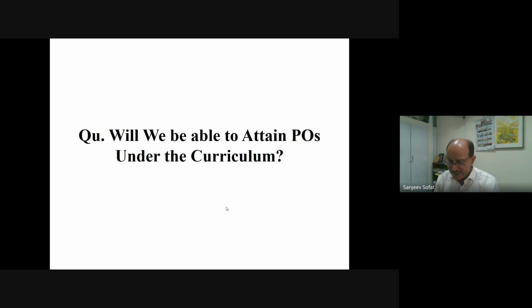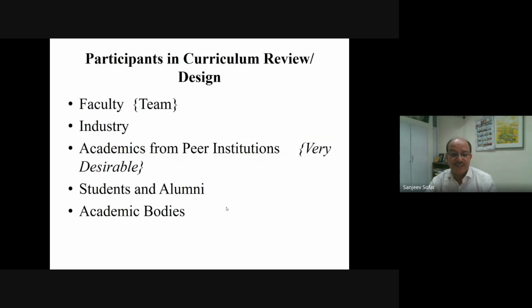In case I define a course which meets the requirement of that particular PO. Let's say my PO is that he should be able to solve an engineering problem. What sort of courses has to be taught to solve an engineering problem? I have to define that for that particular course.